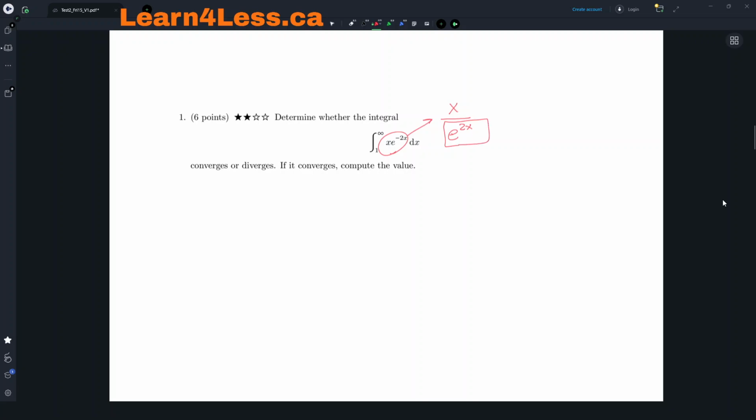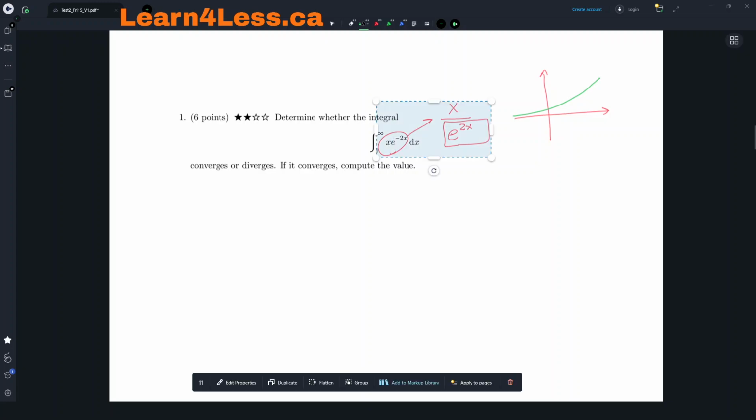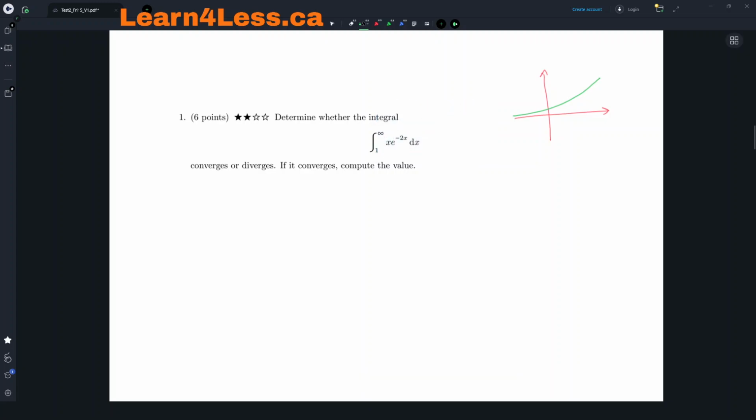And you know that exponential graph or e to any power is never 0, and it's actually always a positive number. If you remember the exponential graph, you see it's always above the x-axis. So this integrand basically does not have any vertical asymptote. So the only concerning part is the upper bound, which is infinity.